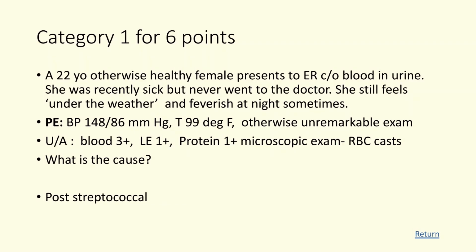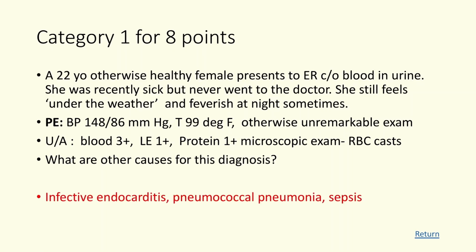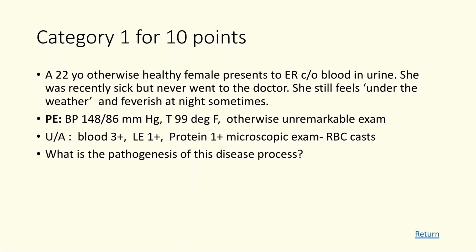Okay, she was sick. That's the most common cause. And what are some other causes for this diagnosis? You guys didn't study any of this yet, so I'll just go through it. Other causes: infective endocarditis, and any other type of illness can cause it as well. These are the most common ones: endocarditis, pneumococcal pneumonia, and sepsis for acute glomerulonephritis.